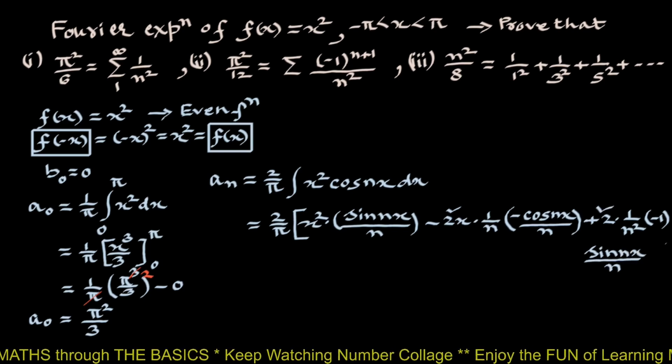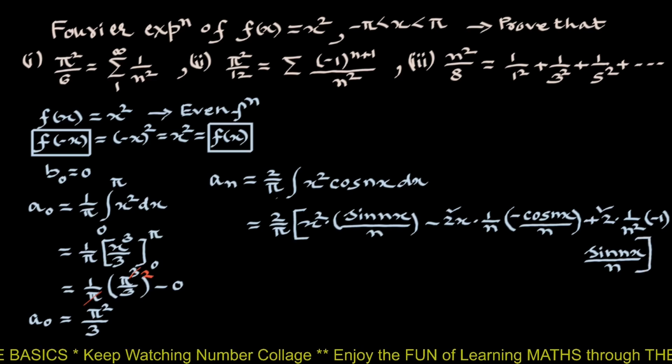Derivative of 2 will be 0, so we have to stop here, from 0 to pi.